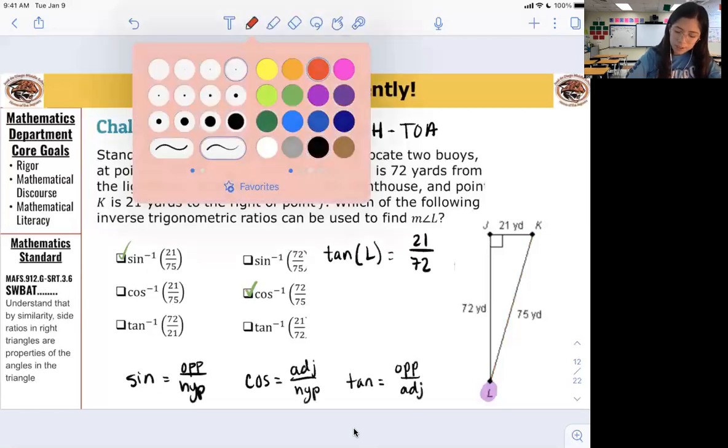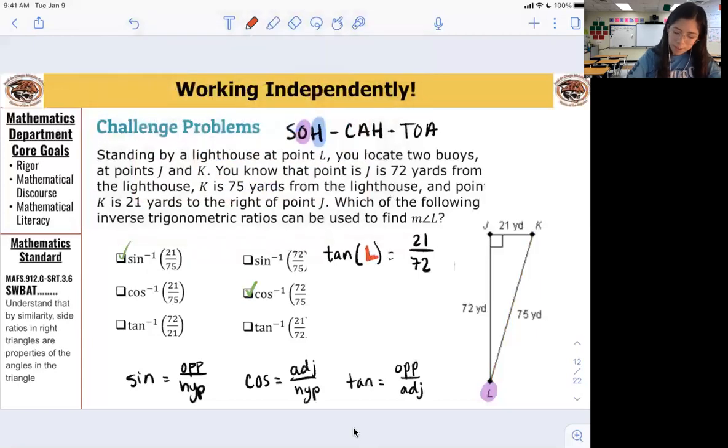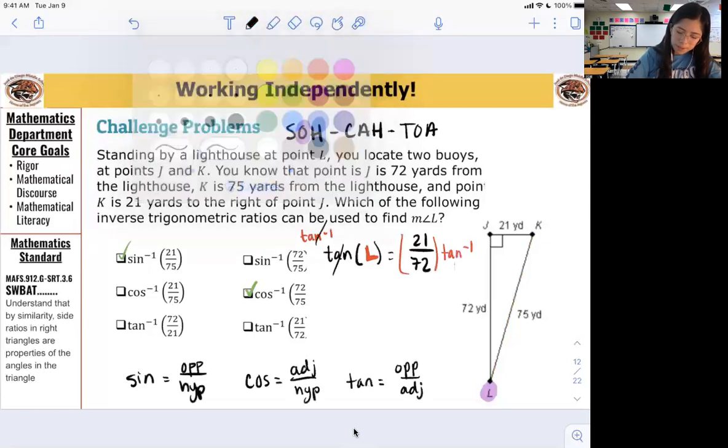And then finally, just like everything else, we got to break that L out of there. So we're going to use the inverse tangent of both sides, which leaves me with L all by itself. And I have the inverse tangent of 21 over 72.